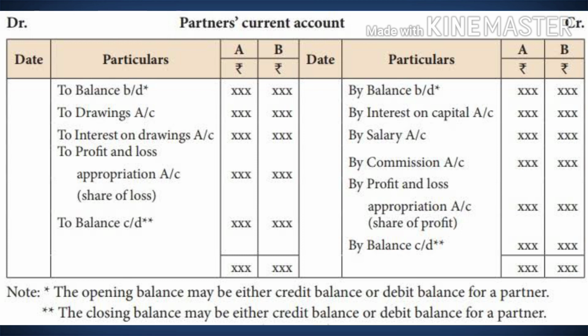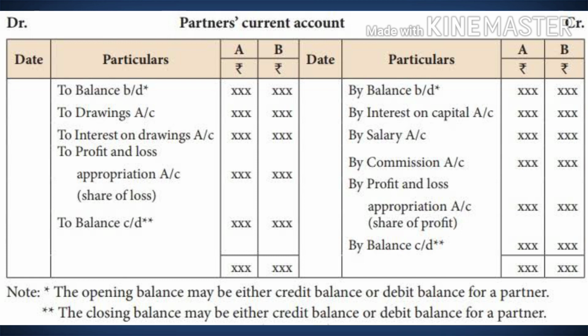All these items are credited in the partner's current account as by interest on capital, by salary, by commission. And share of profit is also credited in this account. Share of profit we can get from the profit and loss appropriation account. Share of profit is a benefit of a partner, so it has to be credited.